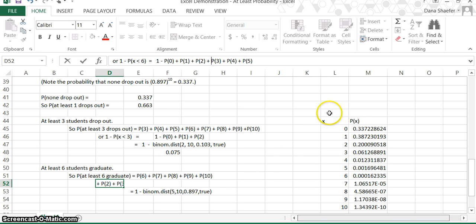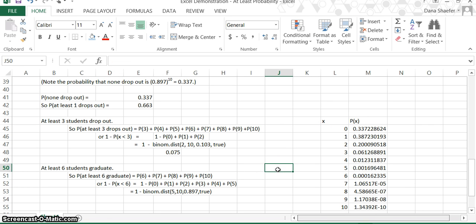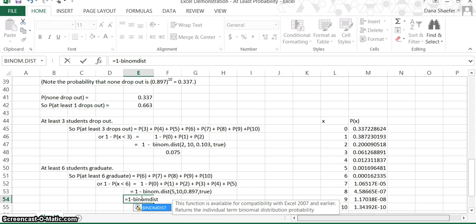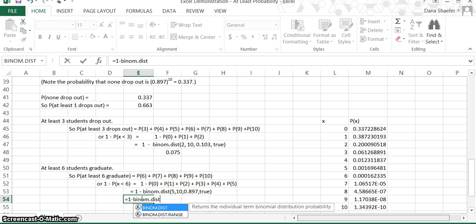Then when I do the binomial and I put true in when I type that function, I can use that cumulative, and down here we're going to say equals 1 minus binomial distribution, dot distribution, and we'll put 5 out of the 10, so 5 successes, and my probability is 0.897, and we'll say true because that means I'm going to do the cumulative 0, 1, 2, 3, 4, and 5.